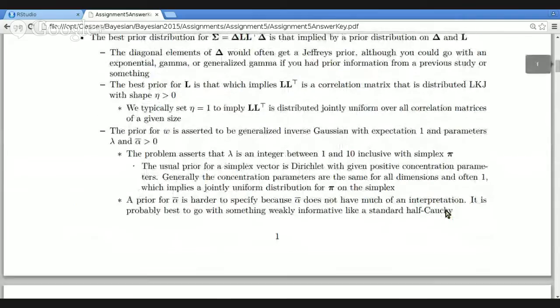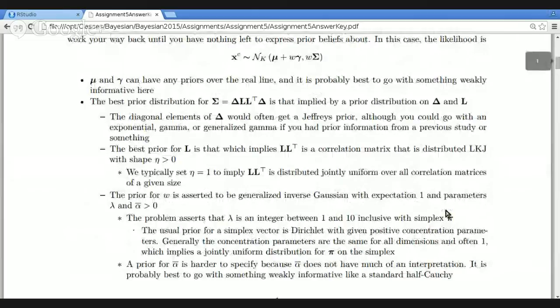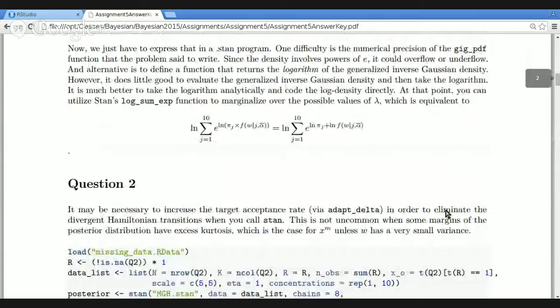So that closes off everything. We have our likelihood. We have our beliefs about the parameters that go into the likelihood. We have beliefs about all the hyperparameters that are related to the parameters that go into the likelihood, et cetera. So we just have to express that in a Stan program.